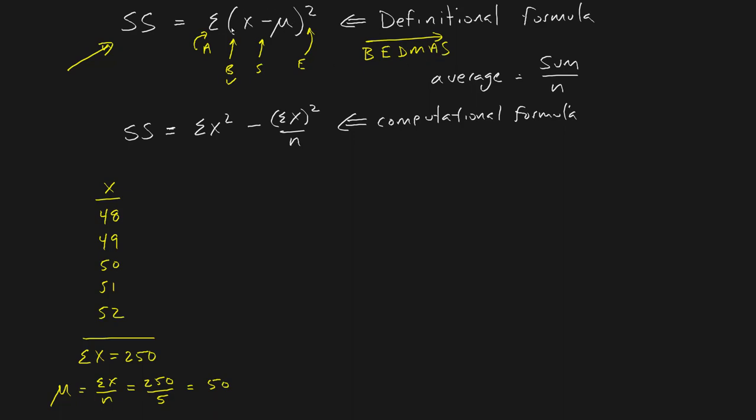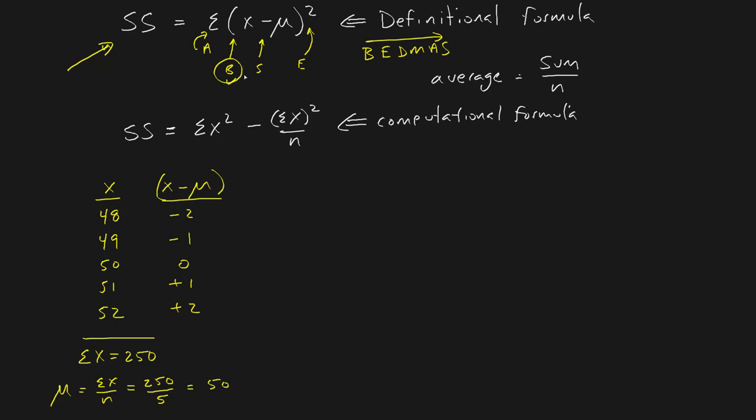We have subtraction inside our brackets, but because we do brackets first, I'm going to work out that subtraction first. So I'm going to do 48, my first x, minus the mean, which is 50. So 48 minus 50 is -2. Then my next x, 49 minus 50, is negative 1, and so on.